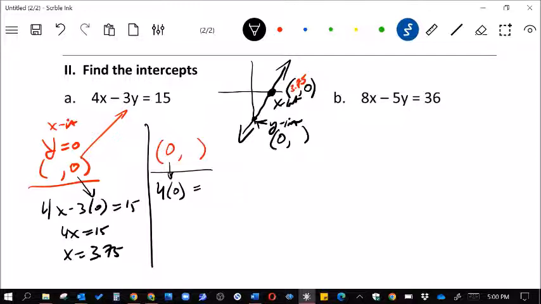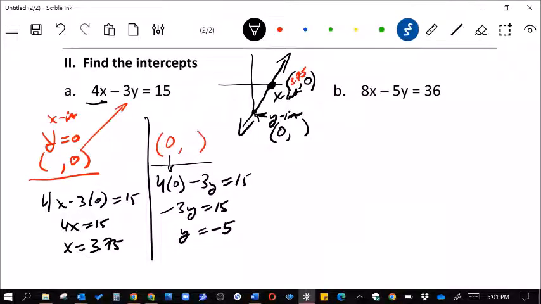So that's 4 times 0 minus 3y is equal to 15. Negative 3y equals 15. Divide by negative 3, and we get a negative 5. So that tells us when the x is 0, the y is negative 5. So about there on that point.